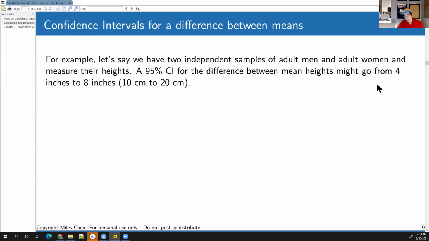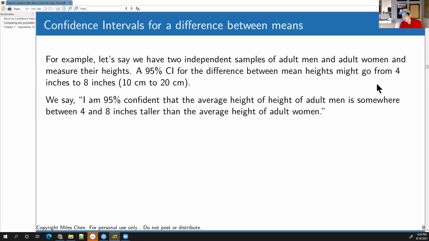If we were to make a 95% confidence interval for the difference between mean heights, and I'm just making up numbers, it could be something like 4 to 8 inches.